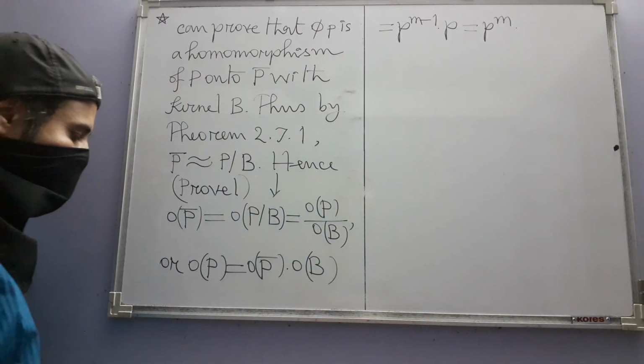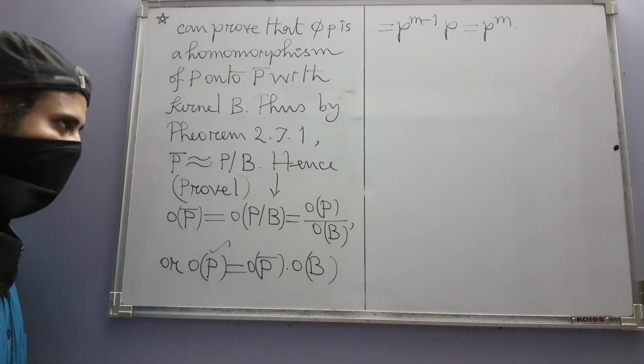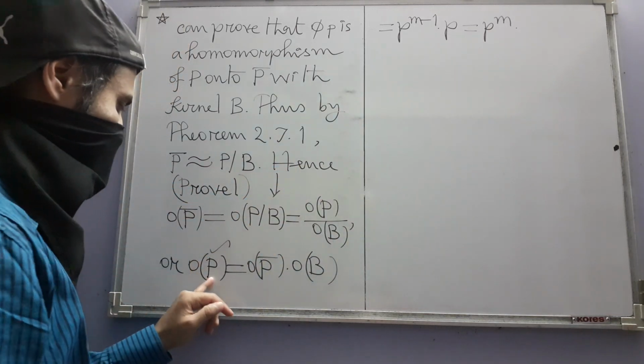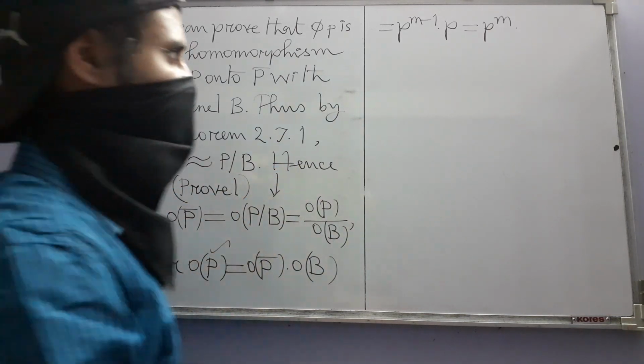And that's how we have found a subgroup P of G whose order is that largest power, P to the power m. That is, P is a P-Sylow subgroup of G.